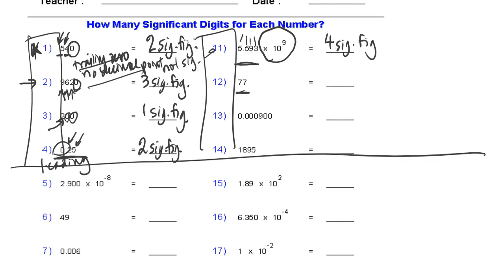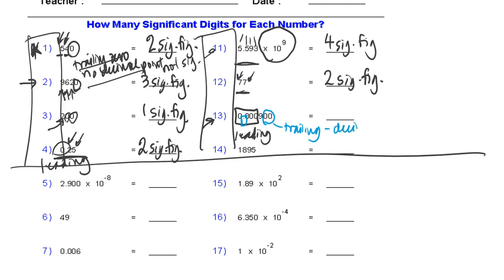The number 77, both the 7s are non-zero digits, and so that would mean I have 2 significant figures here. For number 13, I have all of these leading zeros. Leading zeros are never significant, but I also have these 2 zeros at the end of the number. Those zeros are trailing. But if we take a look here, there is a decimal point in the value.